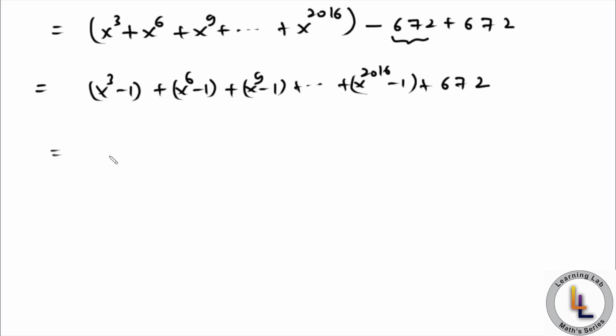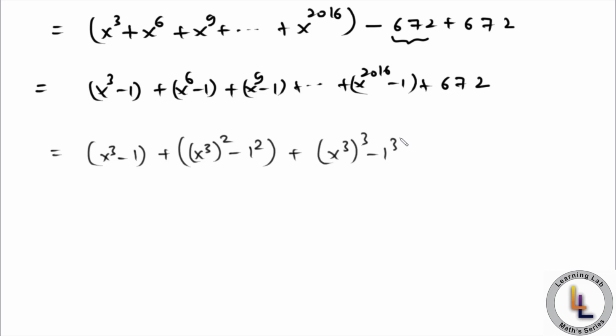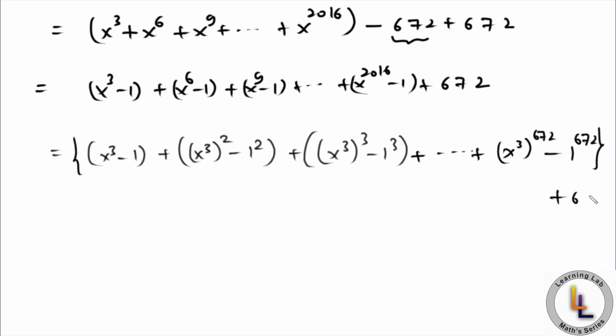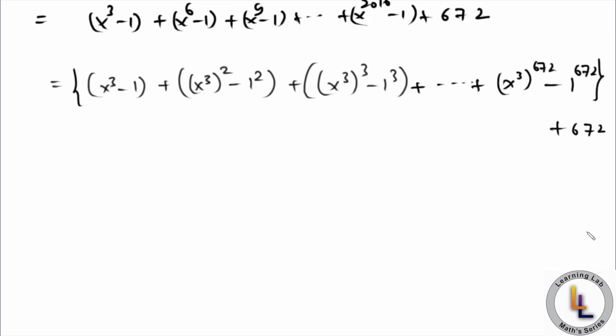Now we can write this as x cube minus 1 plus (x cube) square minus 1 square plus (x cube) cube minus 1 cube, right, and up to (x cube) raised to power 672 minus 1 raised to power 672, and plus 672 as it is, right?